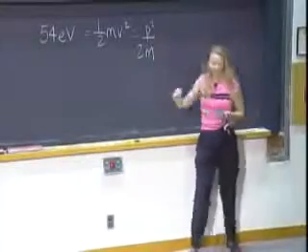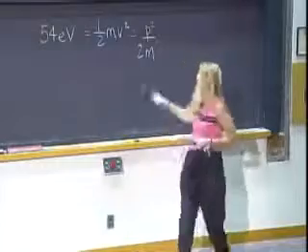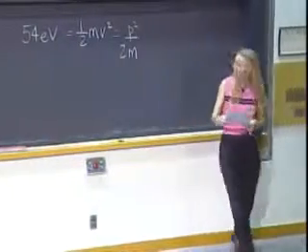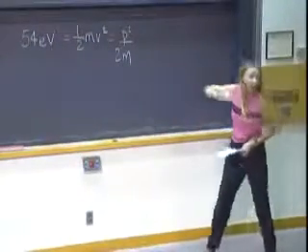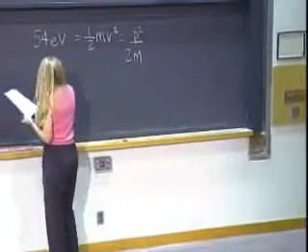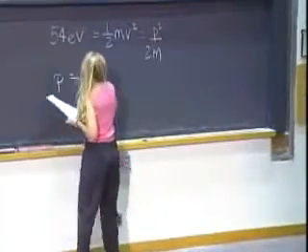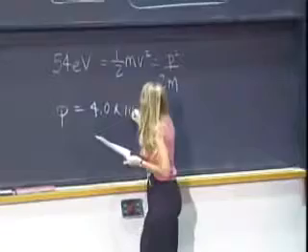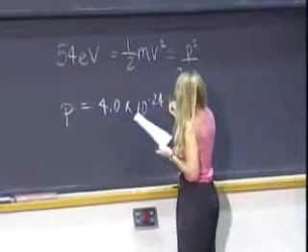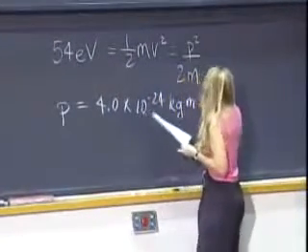This is a good thing to know for doing these problems, that the kinetic energy is p squared over 2 times the mass of the electron. And so if you solve that, what you get for the momentum of the electrons is 4.0 times 10 to the minus 24 kilograms meters per second.